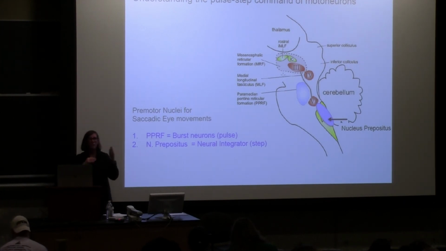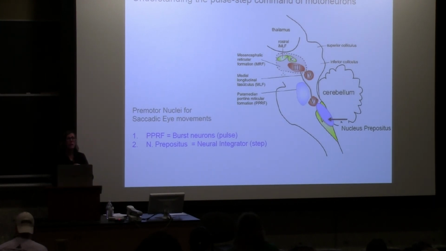So the system is almost surprisingly clean in the way it's divvied things up to match onto the way you've got your eye muscles sorted out. The PPRF neurons are purely horizontal and deal with the medial and lateral rectus, whereas the neurons up in the MRF, up in the midbrain, are dealing with the other four muscles.